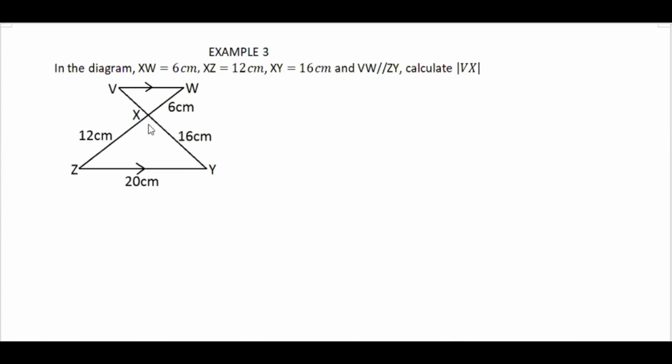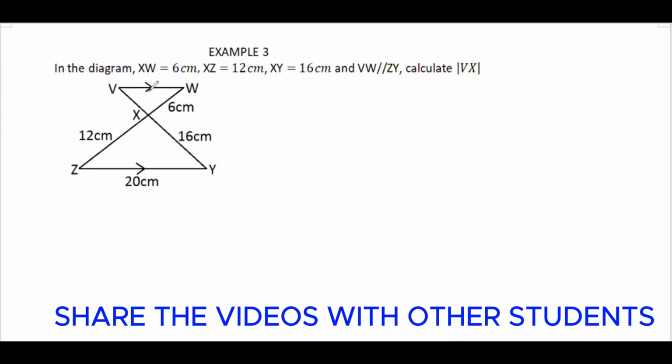First of all, the fact that we are given, unlike in example 2, where we are given some angles equal already. So we use that to establish the similarity of the two triangles, because we know when the three corresponding angles of two triangles are equal, then we say the two triangles are equiangular.